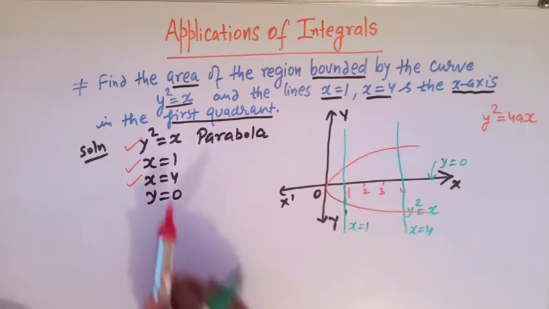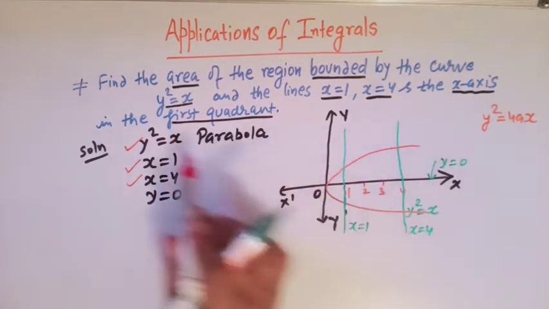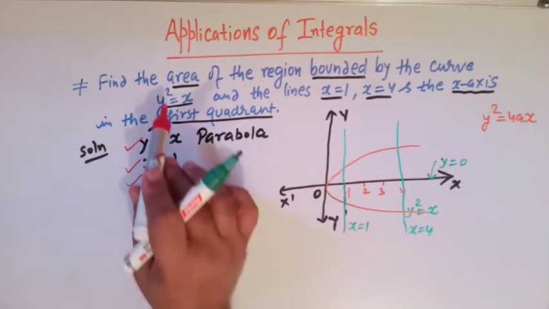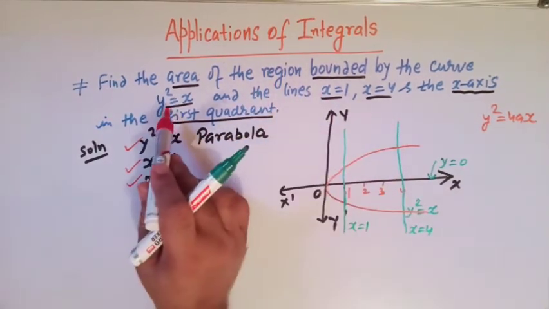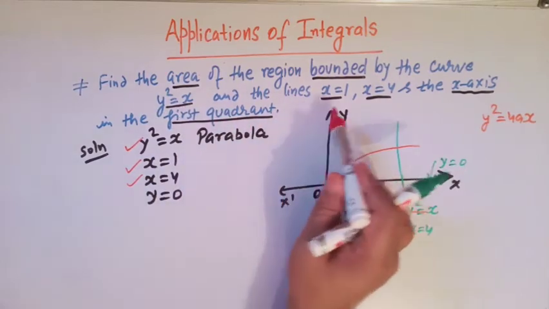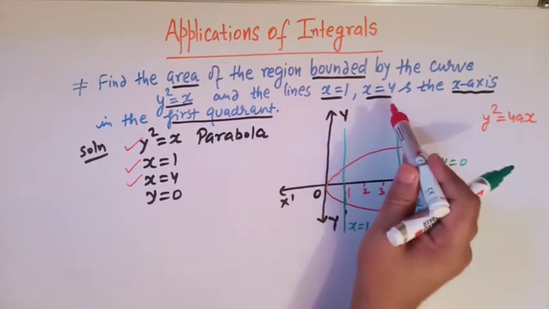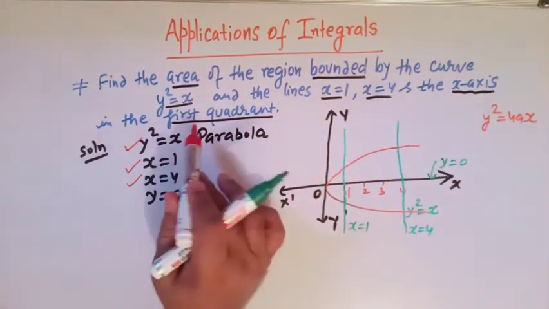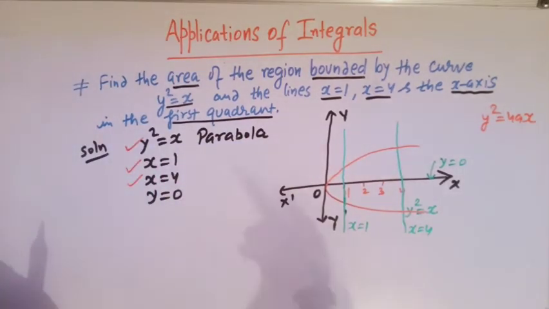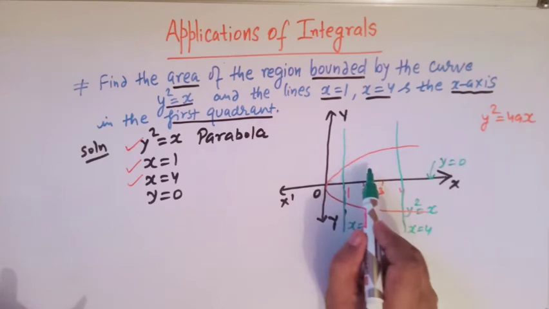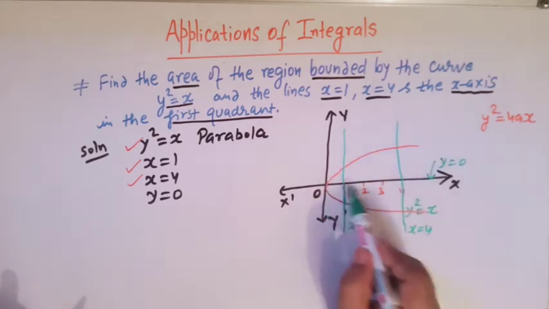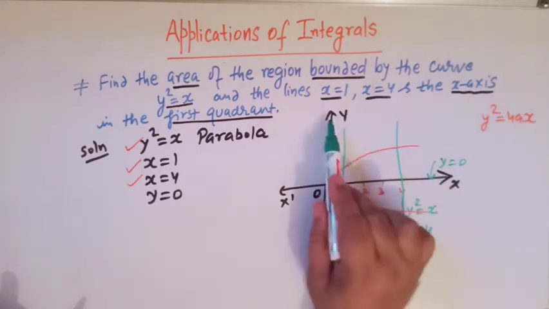Now viewers, here we have to note one thing, that we have to find the area of the region which is bounded by the curve y square equal to x and the lines x equal to 1, x equal to 4 and the x axis in the first quadrant, right? So we will take the area above this x axis which lies in the first quadrant.